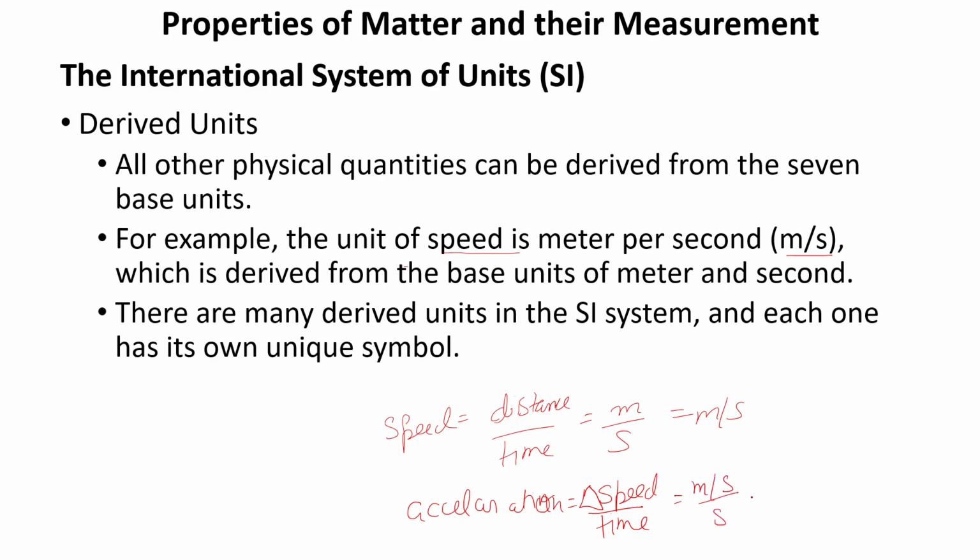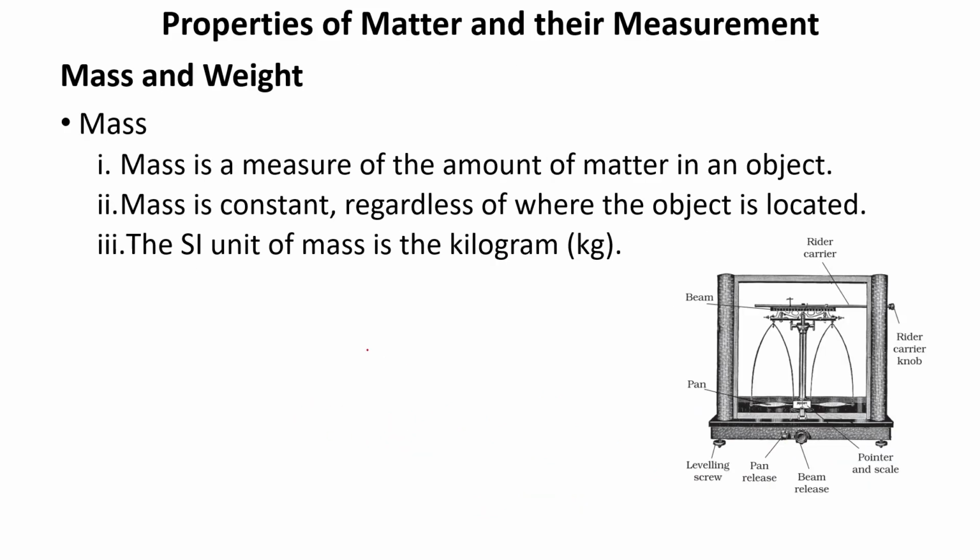And for time? It is second. So what is the final derived unit for acceleration? That is meter per second square. And for speed, it is meter per second. So you can see that base units can be used properly and derived units can be derived for various other quantities. Now we will talk about some of the properties of matter, like the mass, the weight, volume, and many other things.